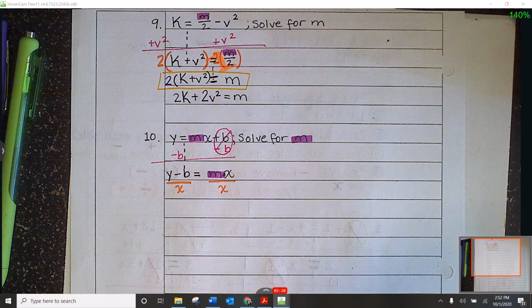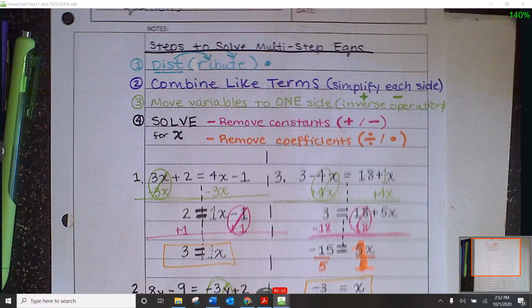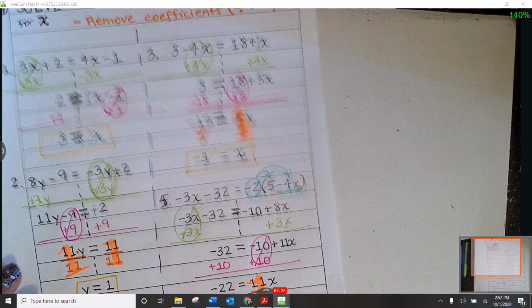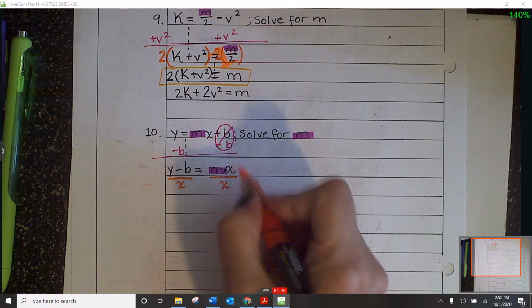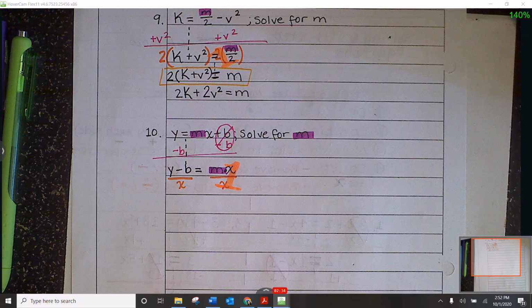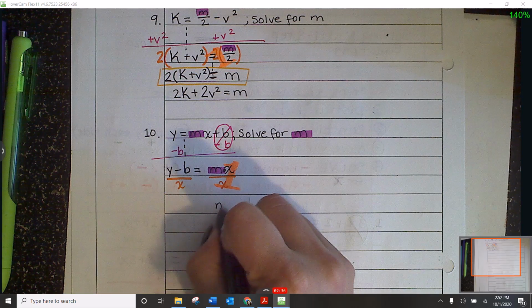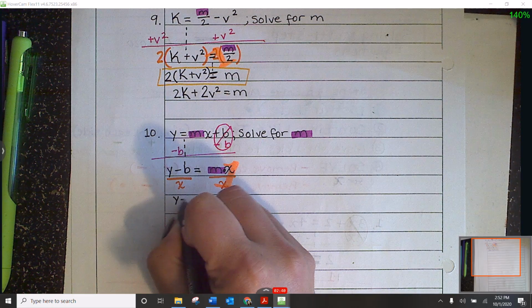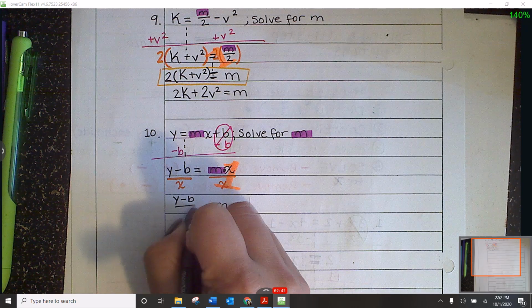Just as we said before, 11 divided by 11, 5 divided by 5, x divided by x reduces to 1. I'm just left with 1 m is equal to this hot mess, y minus b over x.